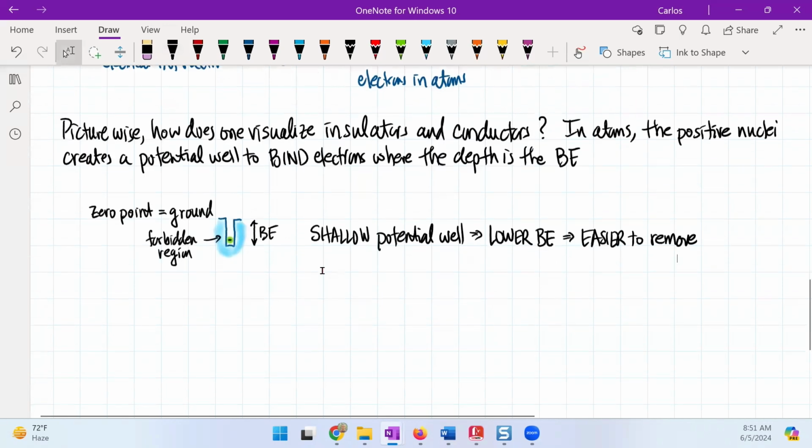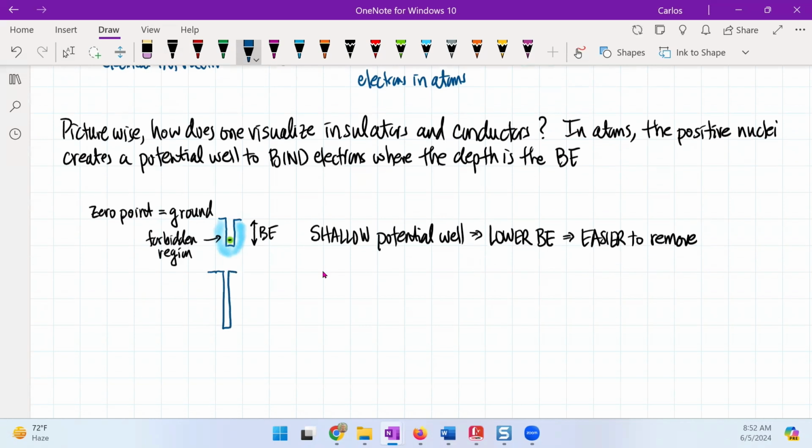Now I can do the exact same thing, but now I'm going to have a deeper well. And let's say it goes this deep. Again, this is our forbidden region. Here's our trapped electron.